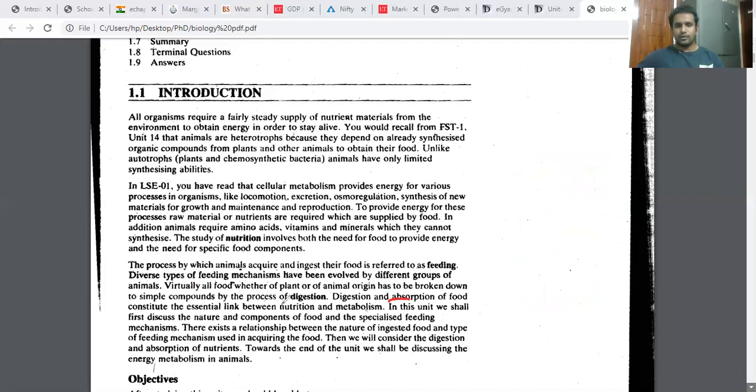So it is very, very important. Digestion and absorption constitute the essential link between nutrition and metabolism.